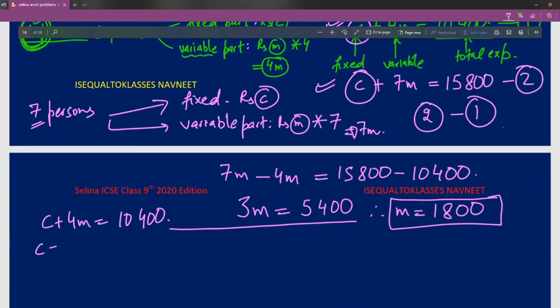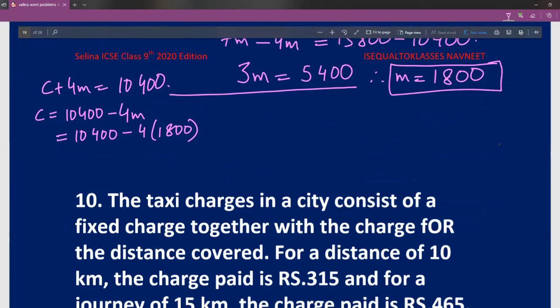C would be equal to 10,400 minus 4M, which is 10,400 minus 4 into 1800. So my C would be equal to 10,400 minus 4 into 1800, 7,200. My C would be equal to 3,200.